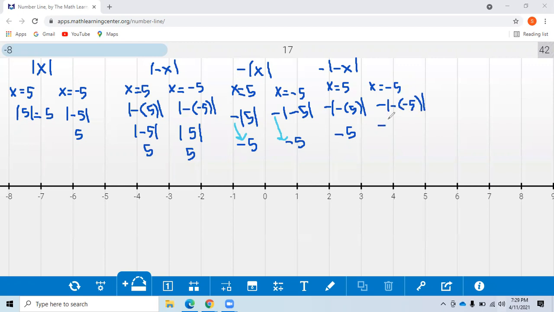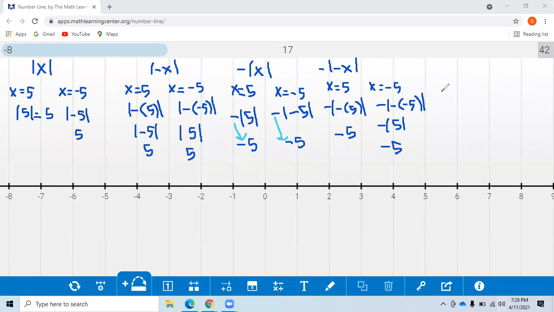So this is the opposite of the absolute value of, well, the opposite of negative 5 is positive 5. The absolute value of 5 is 5. And then we bring down the negative. This opposite of an absolute value is confusing. It may be a lot easier for you if you think about that negative sign as the opposite and not as a negative.